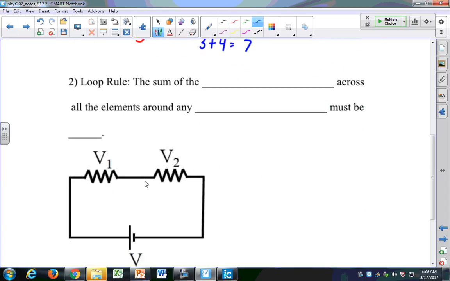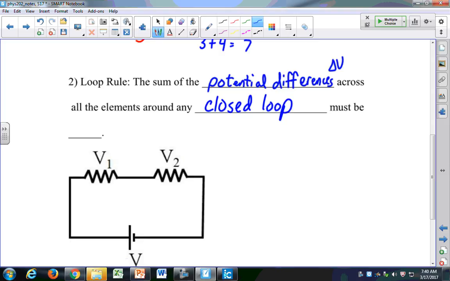The loop rule is that the sum of the potential differences, that's delta V, across all the elements around any closed loop must be 0. We've already seen this.